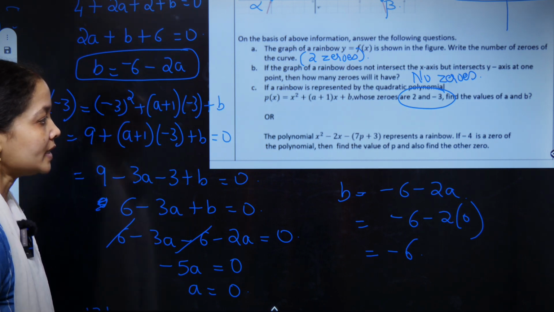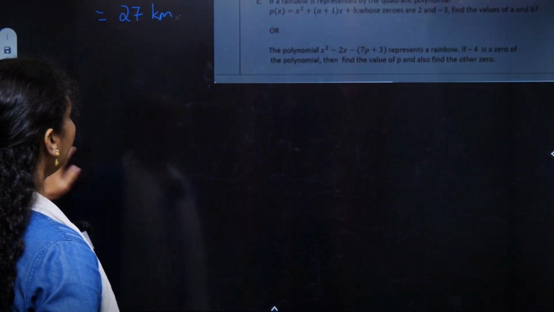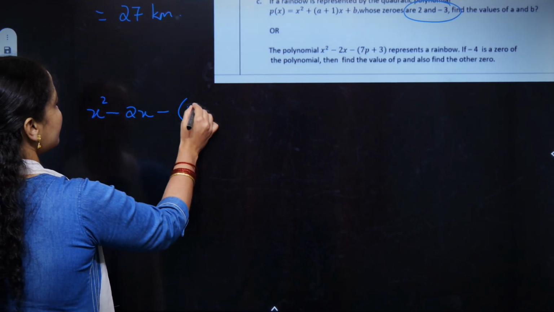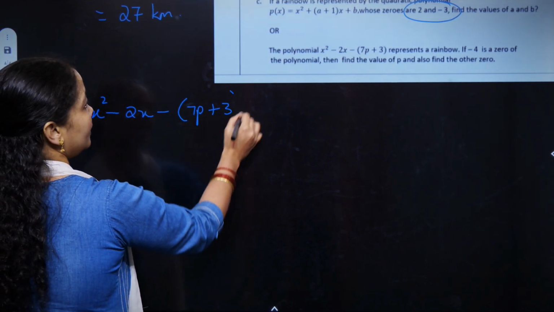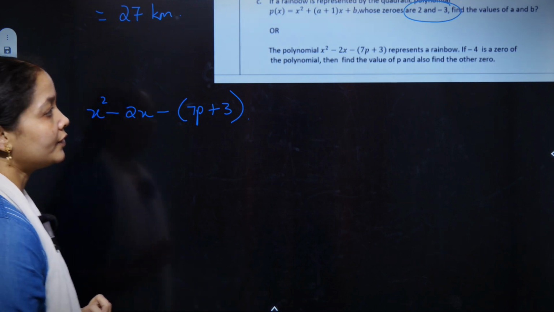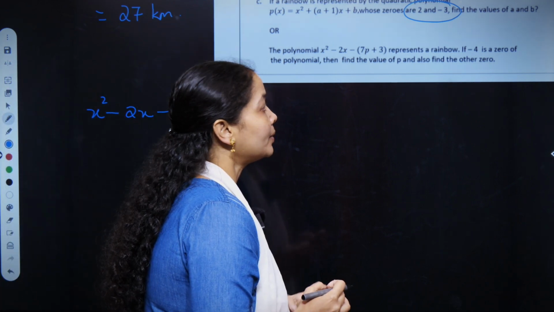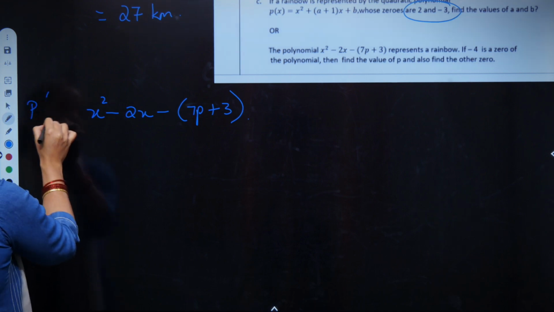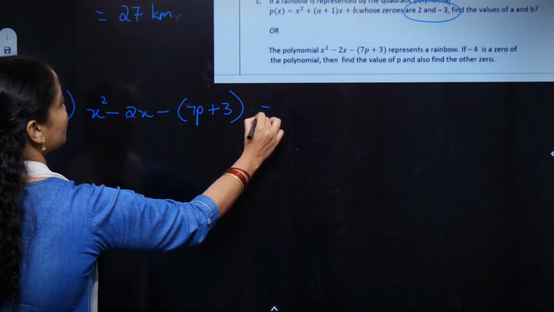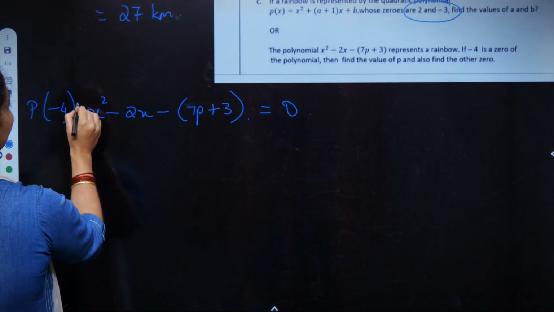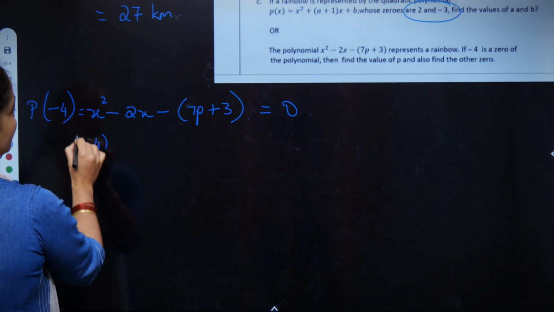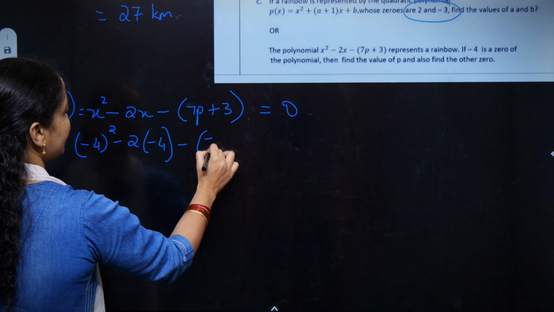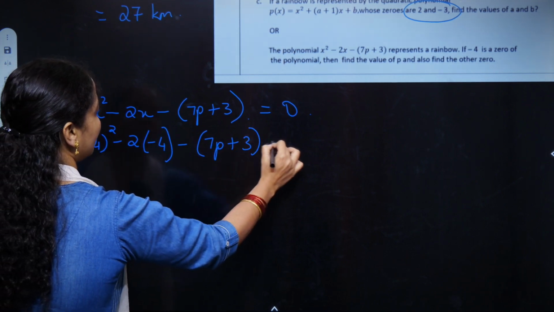Now there is an OR question related to this. The polynomial x square minus 2x minus 7p plus 3 is given, which represents a parabola. If negative 4 is a zero of the polynomial, find p. So I have to find p of negative 4 and equate it to 0 because it is a zero of the polynomial. So negative 4 whole square minus 2 into negative 4 minus 7p plus 3 equal to 0.